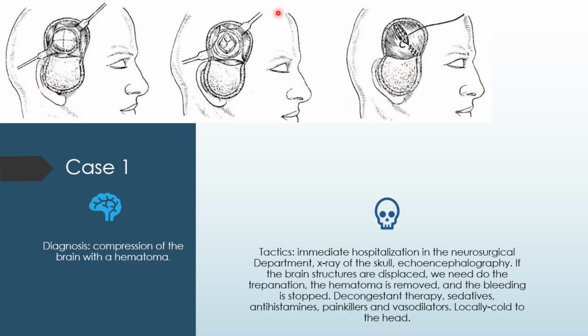In the picture, you see a trepanation operation of the skull. The surgeon needs to open the skull, take away the hematoma, and then suture it. The hematoma is removed and the bleeding is stopped. Decongestant therapy, sedatives, antihistamines, painkillers, and vasodilators. Locally, cold to the head.